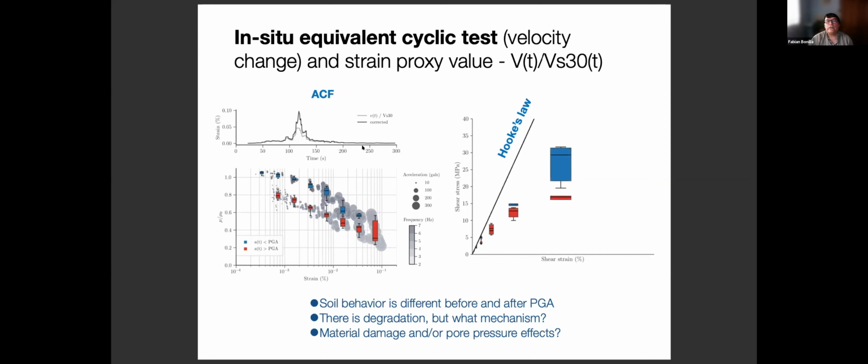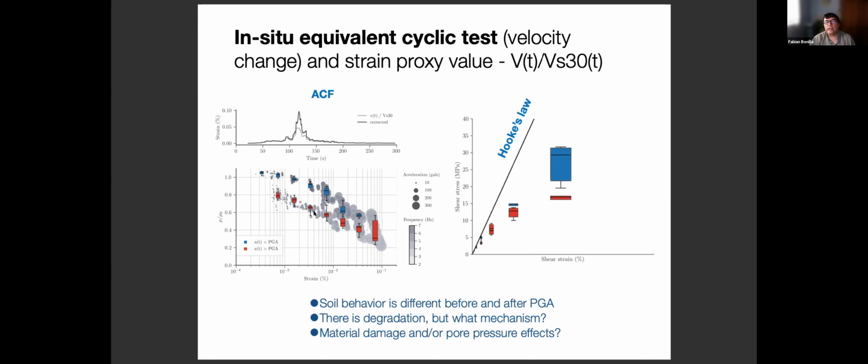So we reconstruct the deformation of the site just using the seismogram, and we normalize by Vs30. And we also corrected by the coseismic velocity change. And then in bold black here, you can see the deformation. So that's what we plot here. But we also plot from the beginning up to the PGA, so you have the decrease of the shear modulus. And then we plot after the PGA, so you have the recovery time. And then you see that there is a difference.